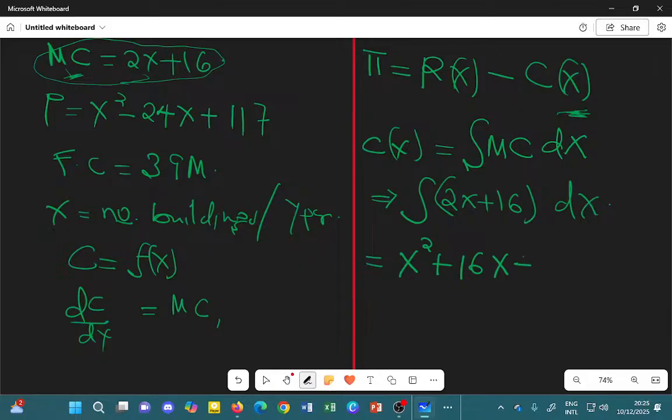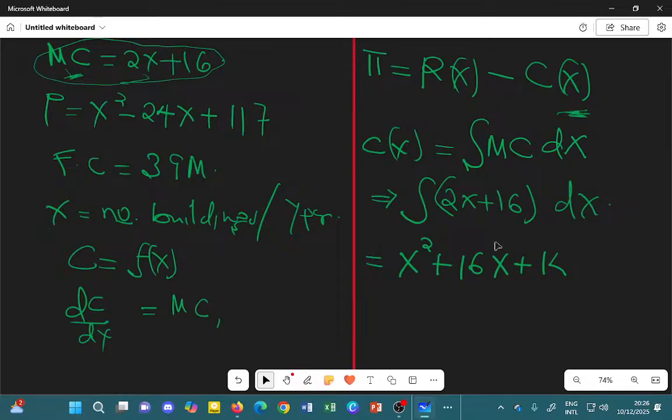So we have plus k as the integration constant. What we'll do then is seek to find out what k is at the point where x is 0, at the turning point that I explained earlier. So I would go ahead and find the value of k.